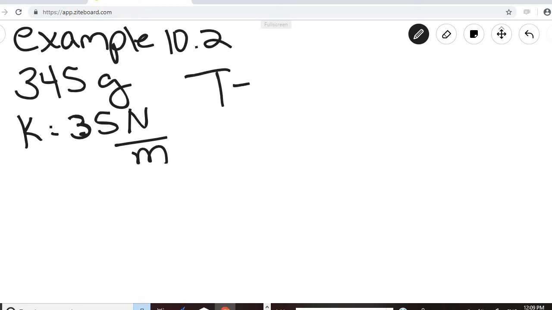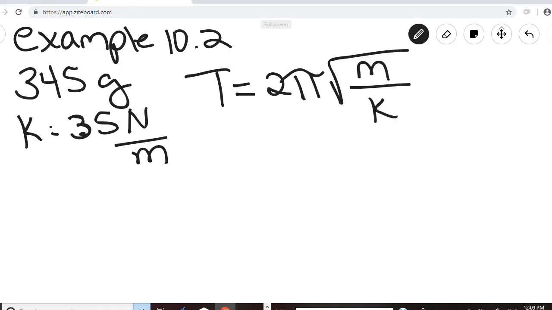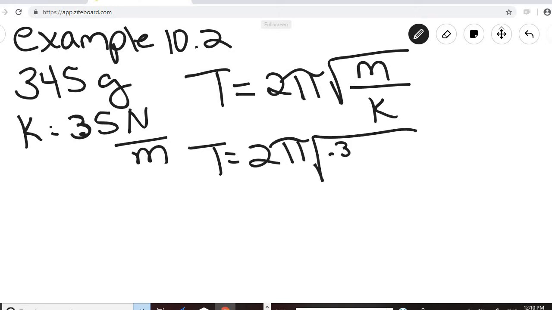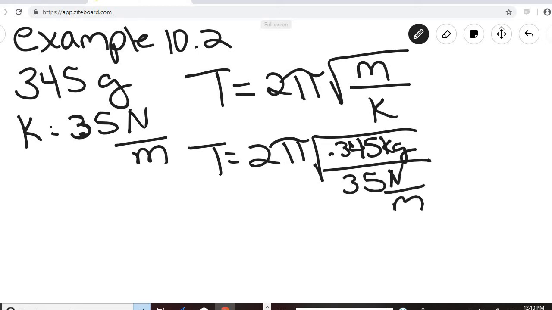Okay, so we know our equation is that T is equal to 2 pi times the square root of m over k. So T is 2 times pi times the square root of the mass in kilograms, so 0.345 kilograms, divided by 35 newtons per meter.